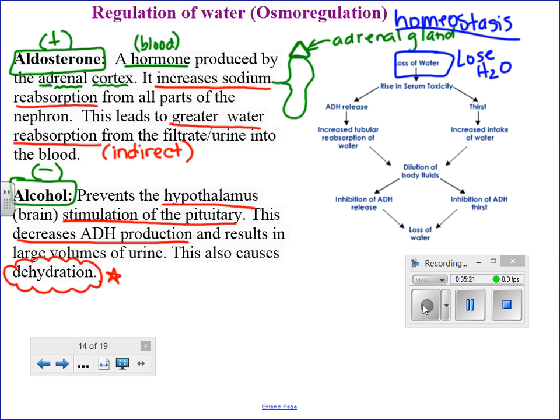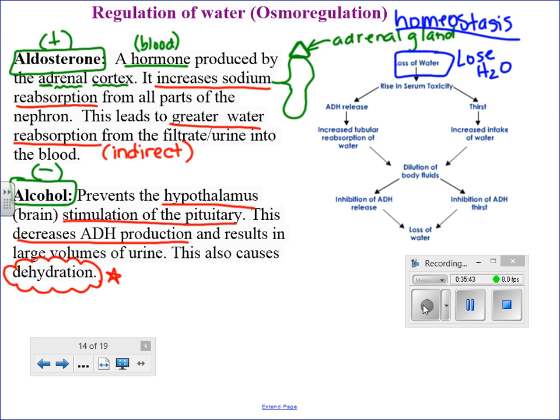So this whole section here where we're talking about the hormones that control the balance of water, this would be an excellent thing to discuss if on a quiz on October 31st, I asked you to tell me how your kidney plays a role in homeostasis. This could be something that you could talk about.